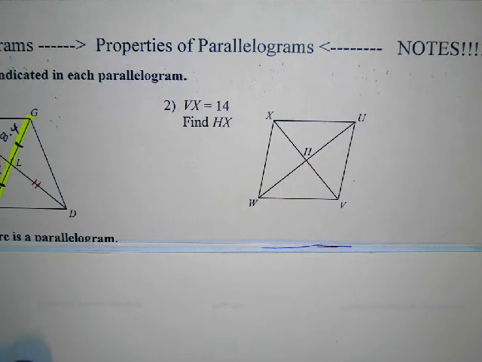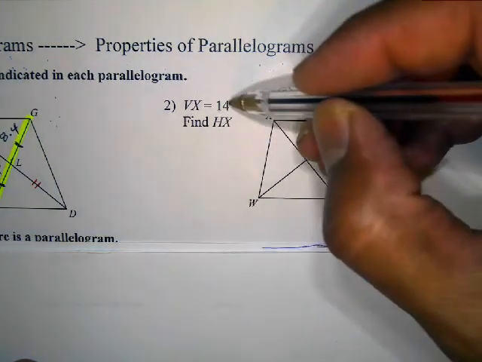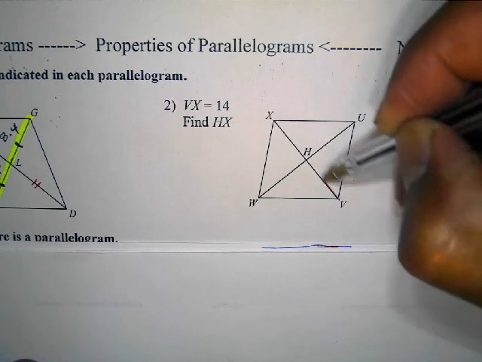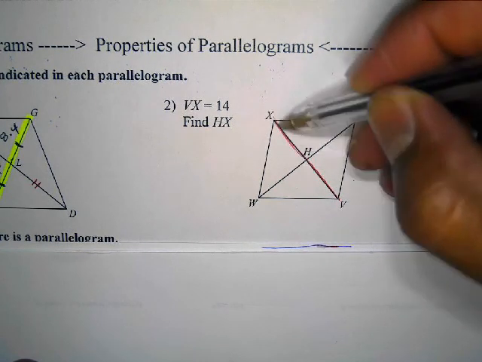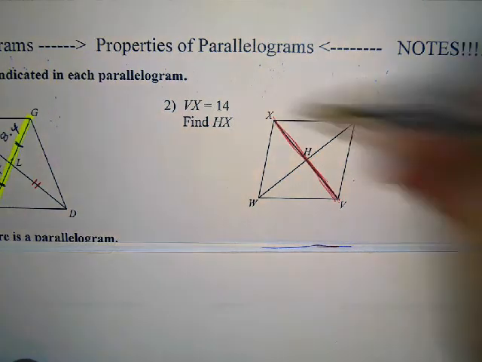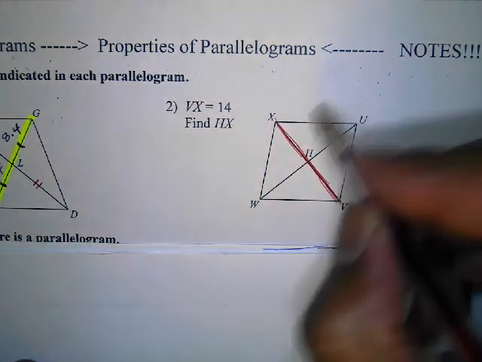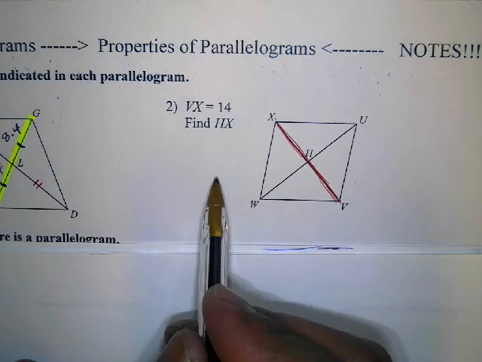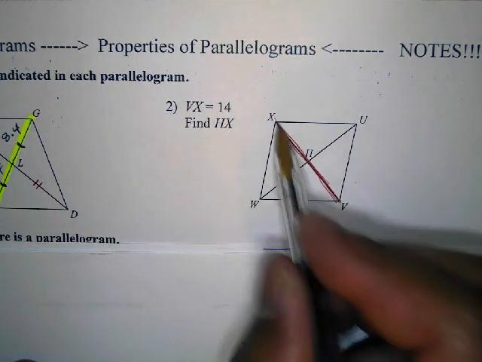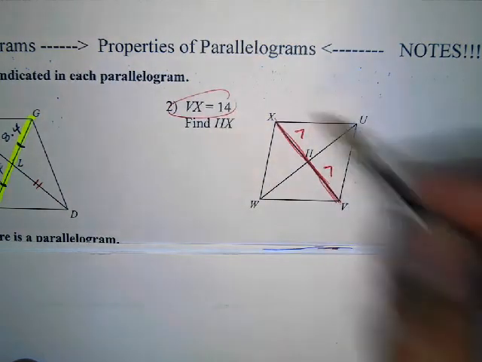All right, VX is 14. How about we start with the given information? See, now they're giving you the whole thing. Now they're telling you VX is 14. You might use a highlighter or color pencils or pens. VX is the whole thing. The whole thing is 14. If this whole thing is 14, what do you know about these two halves here?